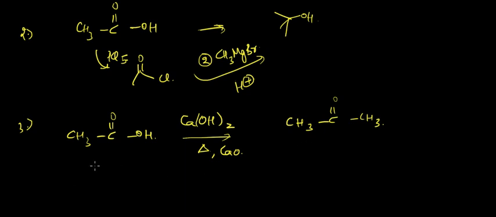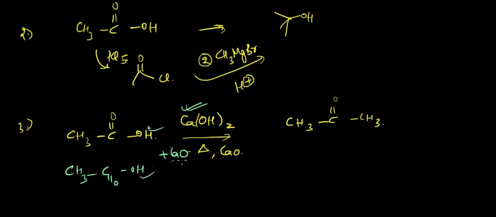So how will the mechanism look? If you are not able to recollect, please visit the previous lectures in which this reaction was discussed, but still I will give you a hint. 2 moles of CH3OH will come together, calcium oxide will come together, and calcium will attach to these two oxygen atoms. Obviously with calcium oxide, the water molecule will be removed.